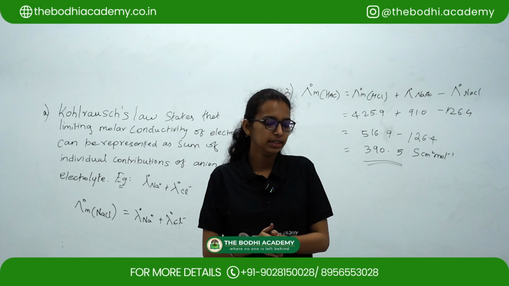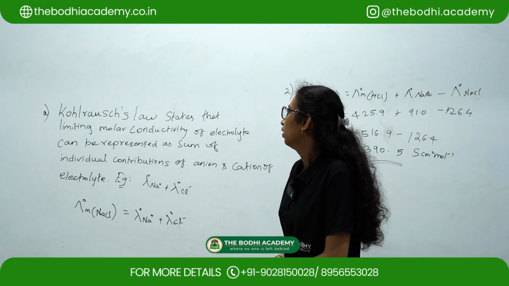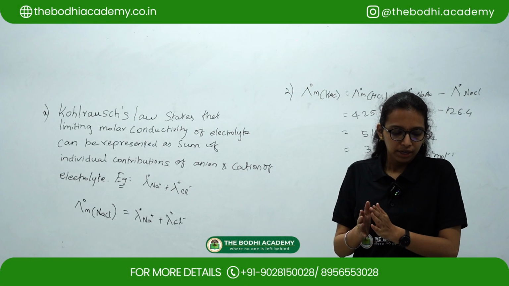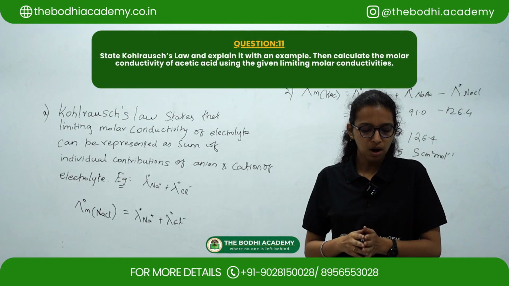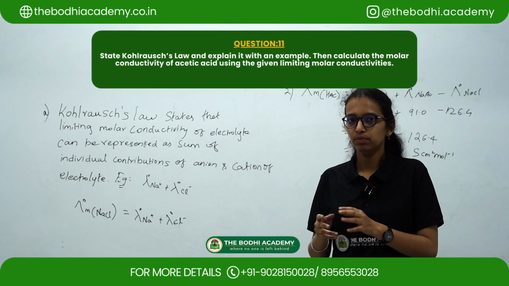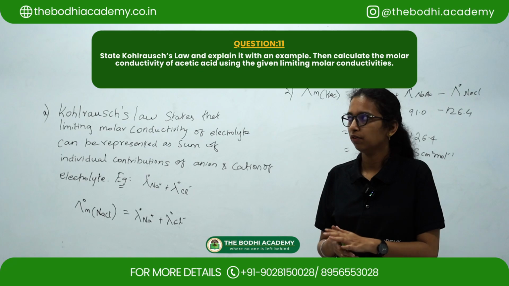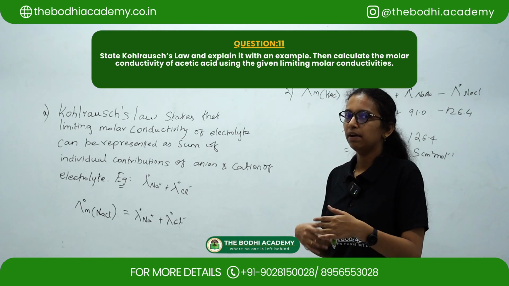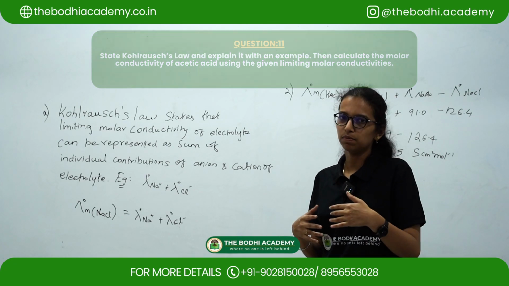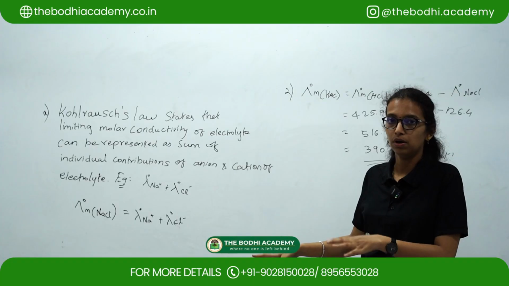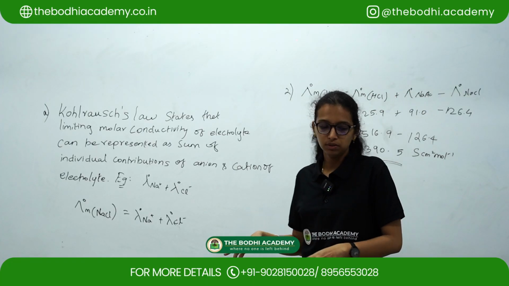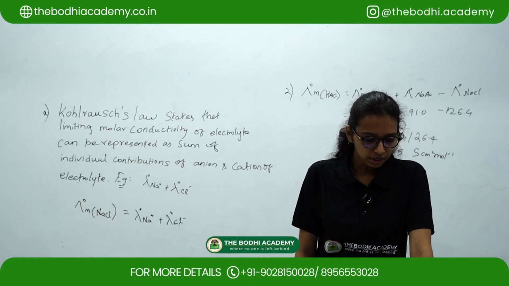Okay, let's go ahead with the last question of this chapter. They've asked to state Kohlrausch's law and explain with an example. This is your first question. And then they have asked one small numerical based on this law. So first we'll see what this law states.